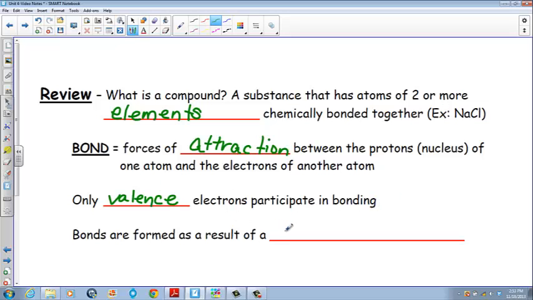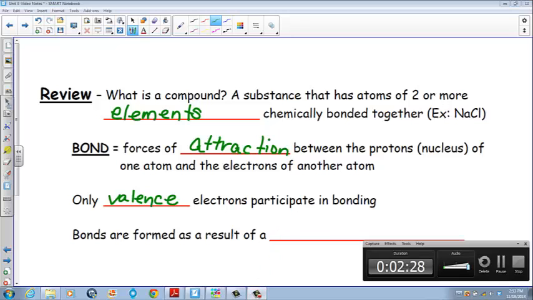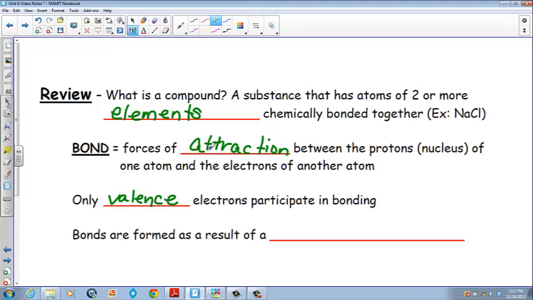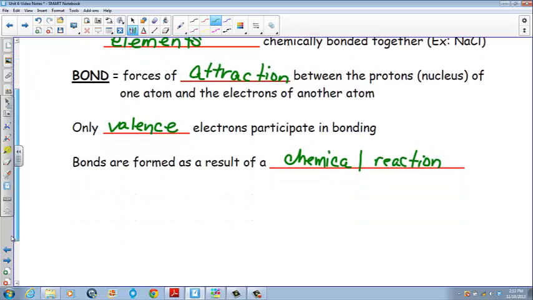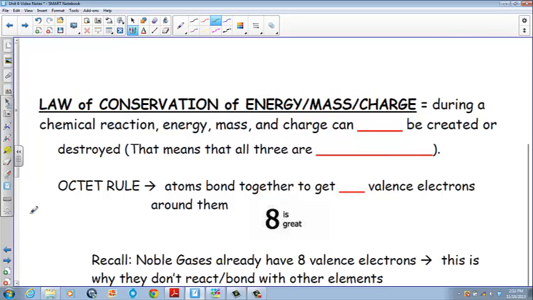So bonds are formed as a result of a chemical reaction. So, what are we looking at here? The first, law of conservation of energy.